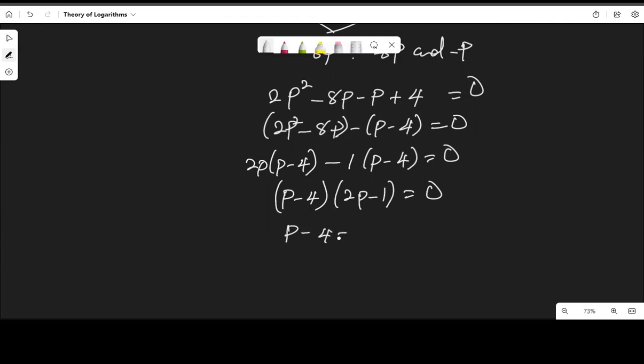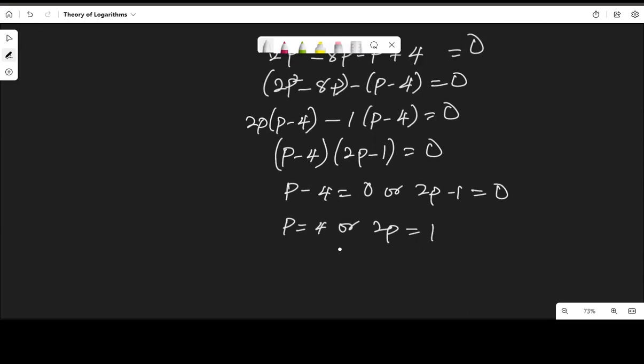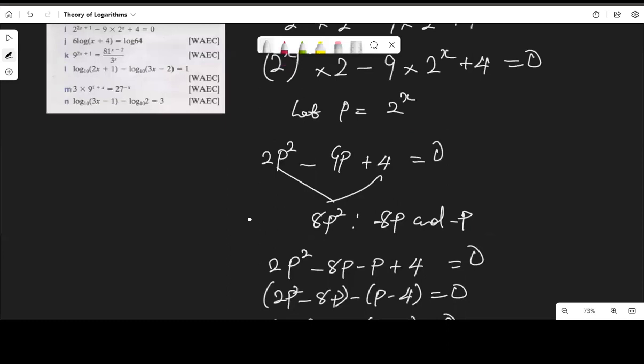Either p minus 4 is equal to 0 or 2p minus 1 equal to 0. P is 4 or 2p is 1. P is 4 or, dividing both sides by 2 here, p is half. We'll go back to the value of p, which is 2 to the power of x.